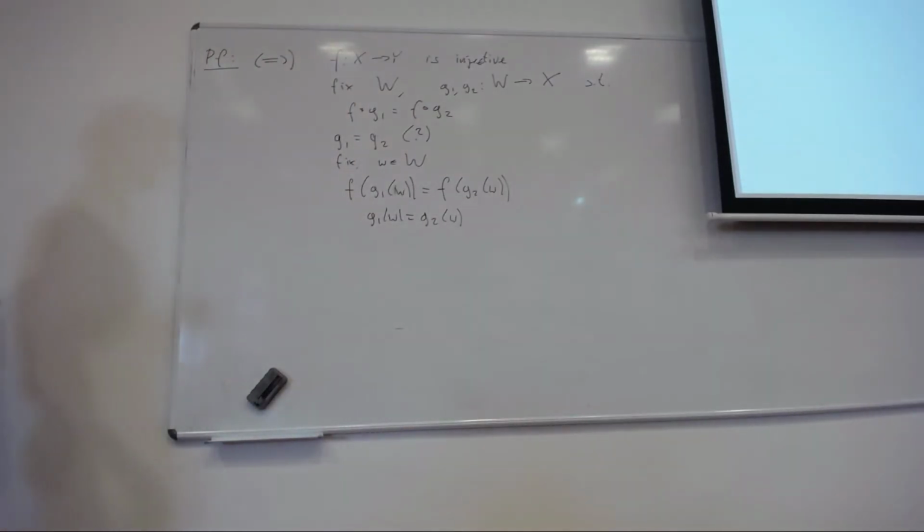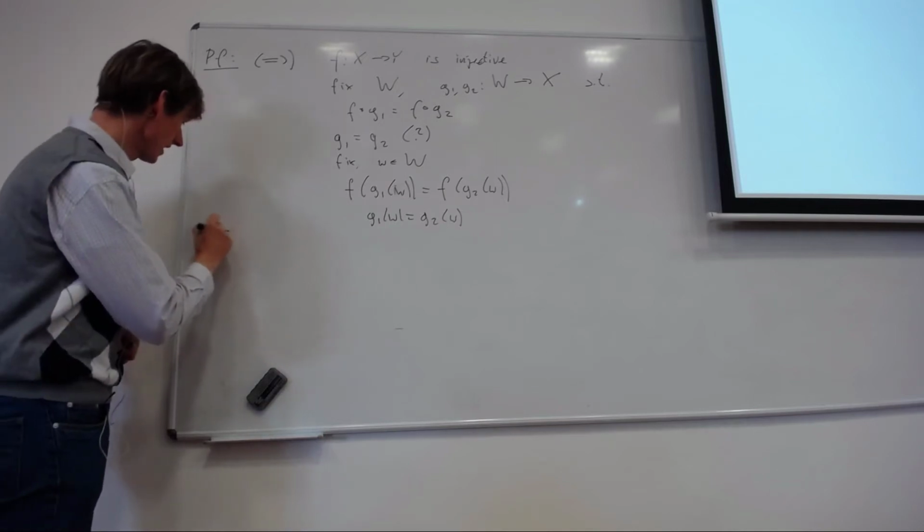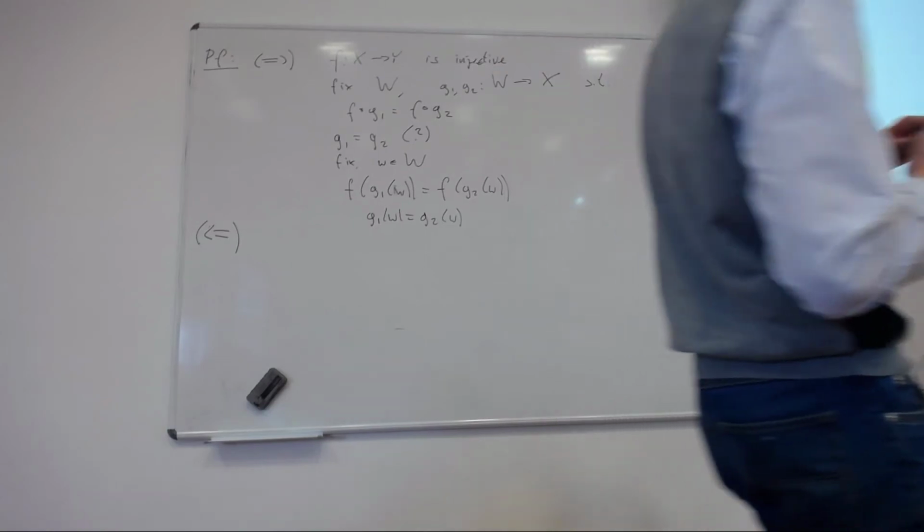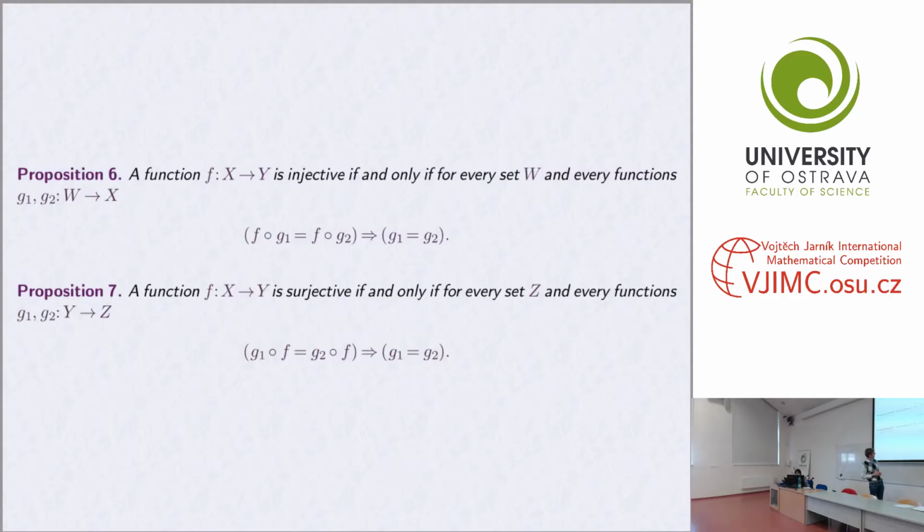Well, how about the other way around? How about proving that if we have a function that satisfies this cancellation property, then we are able to deduce that this function is necessarily injective. It's necessarily one-to-one.